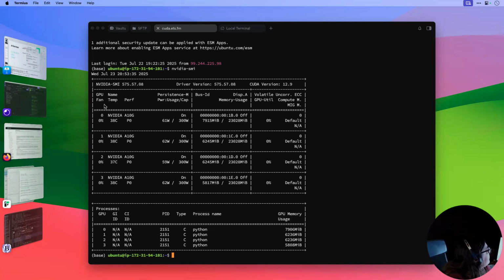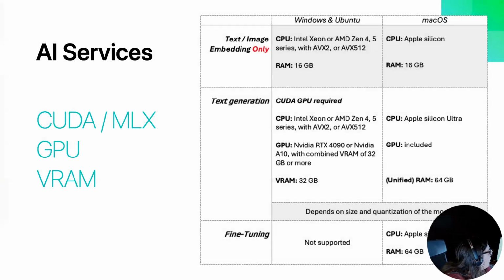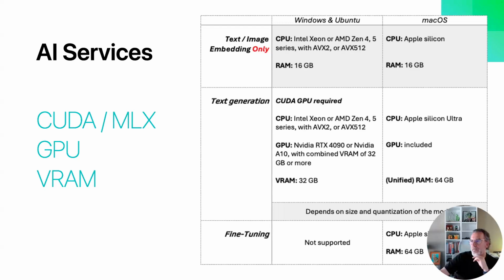I'm a bit confused by the specs here. For Windows and Ubuntu, text generation, it says 32 gigs, but then mentions an RTX 4090, which does not have 32 gigs of VRAM. It is 24. Yep, that's a good pickup. It is a little confusing the way it's laid out here.